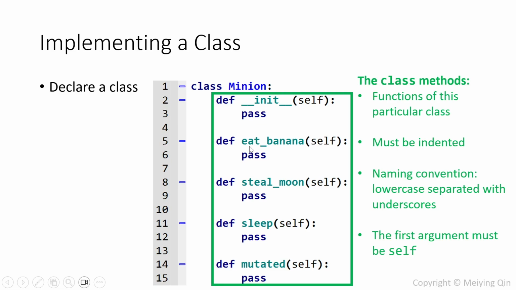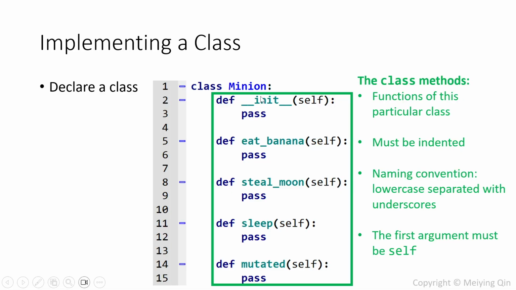As I mentioned, every method in a class should have self as its first parameter. You can have more than one parameter, like self and some other parameters, though the examples here all have only one. Self always refers to your current object, and we will cover more about self today. We also have some examples and quizzes.